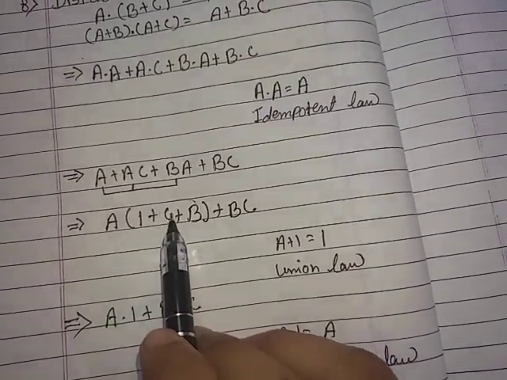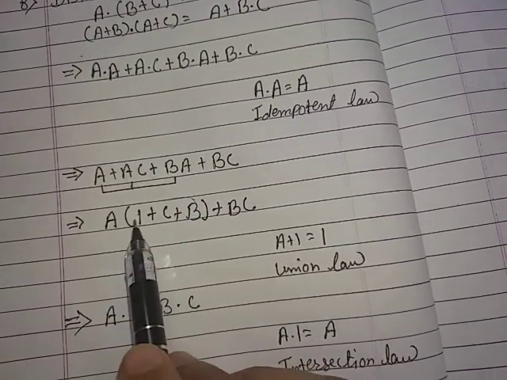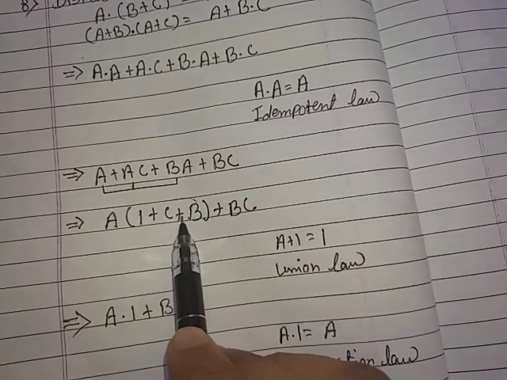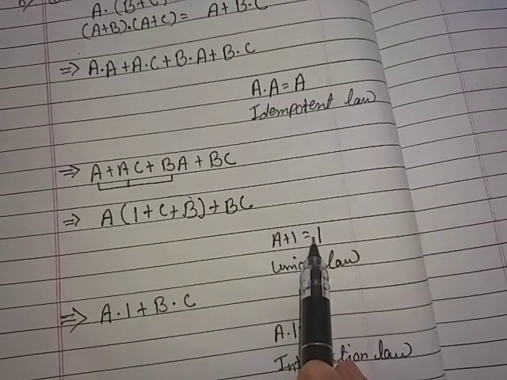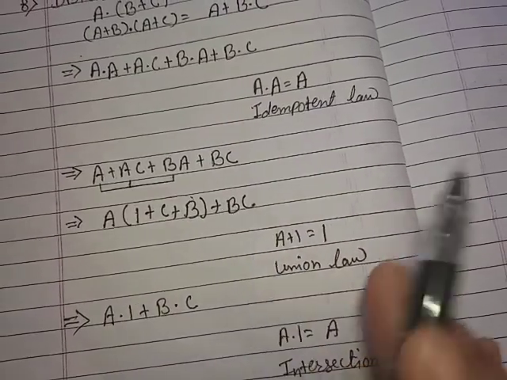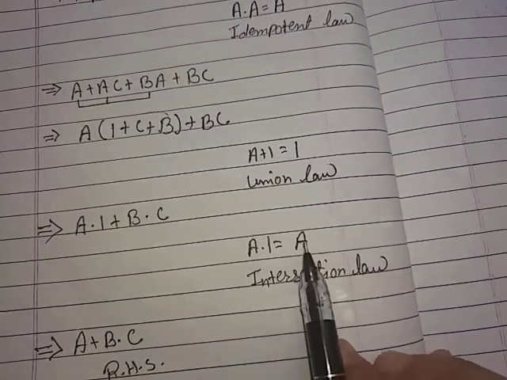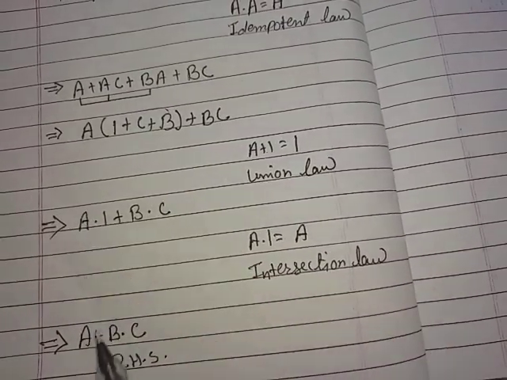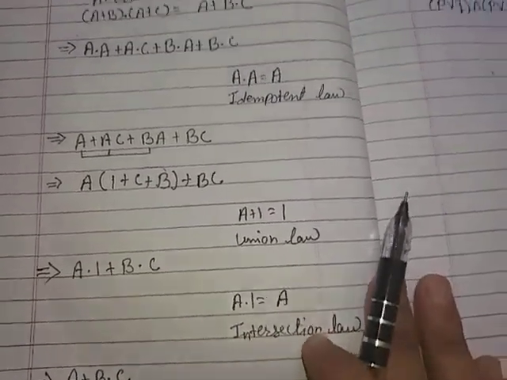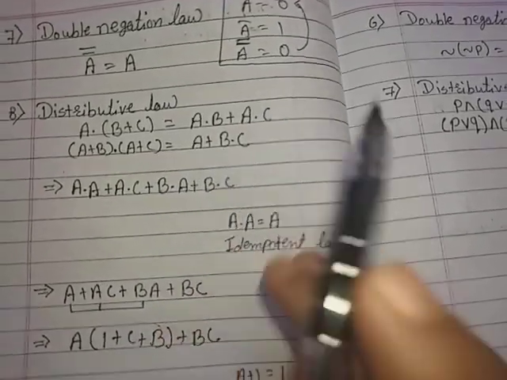So 1 plus C plus B. If I suppose C plus B is equal to A, so what will I get? 1 plus A. 1 plus A is equal to 1. So I will get A dot 1 plus BC. As we know that from intersection law, A dot 1 is equal to A. So we get A plus B dot C. That is our RHS, A plus B dot C.